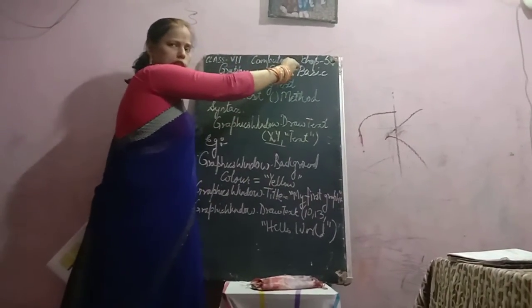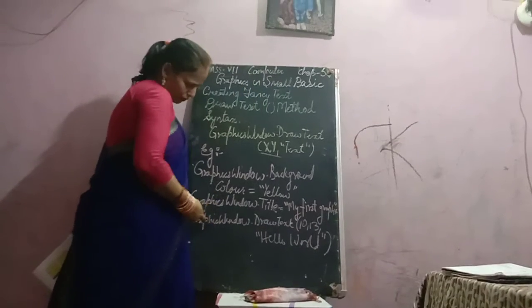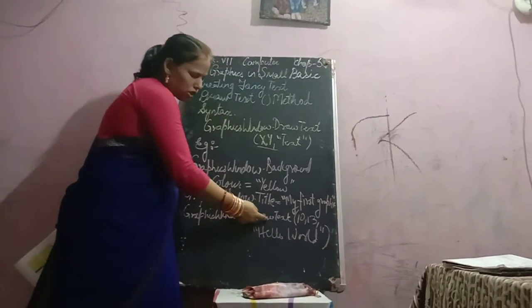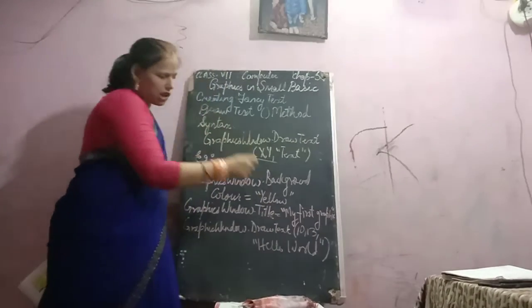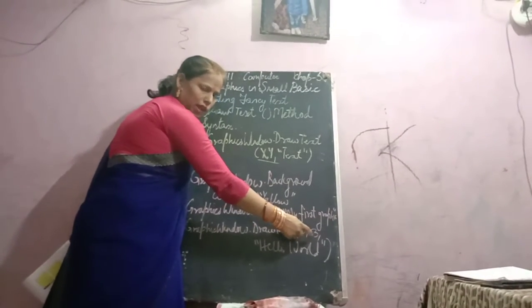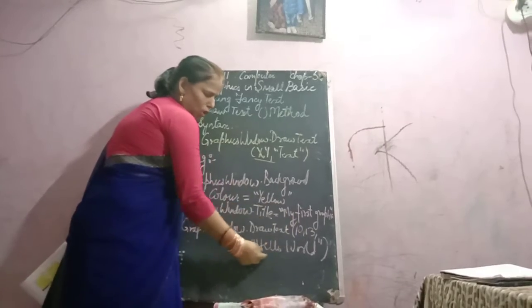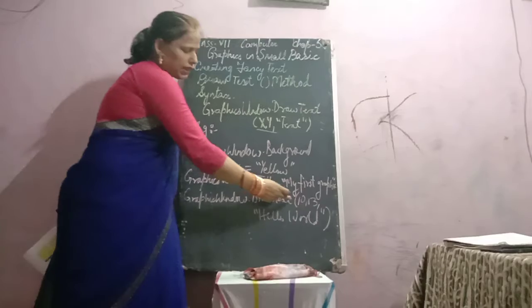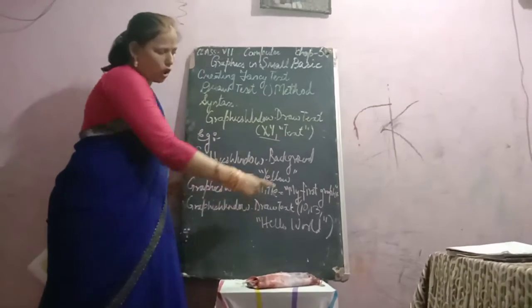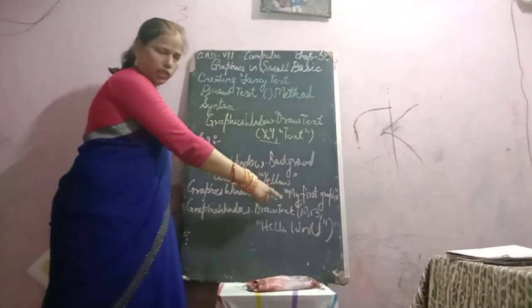The title will come in the center. Now graphics window draw text 10, 13. That means it is the row and column where it will come. Hello world will be printed in the row and column which has been given.